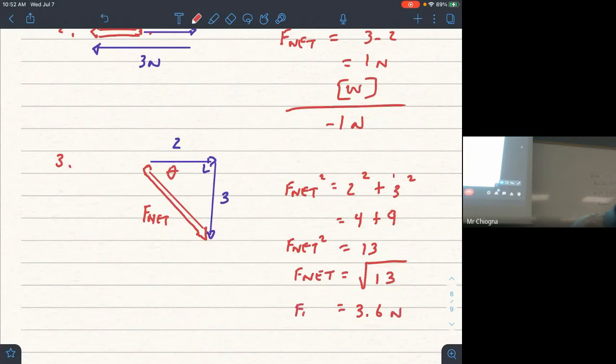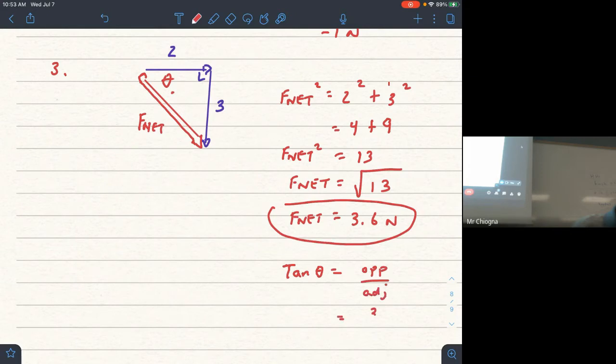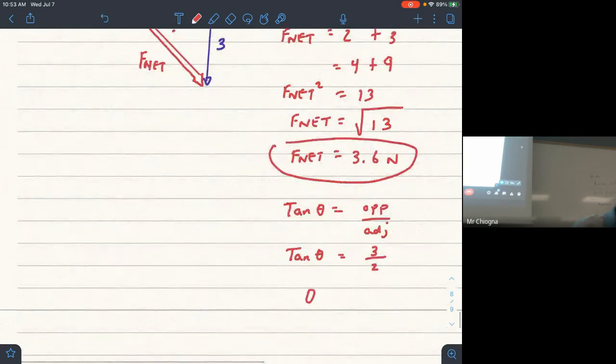Newtons. Don't forget the unit at the end. I'm not done. I have to include the angle as well. I would use the opposite over adjacent. 56 degrees.